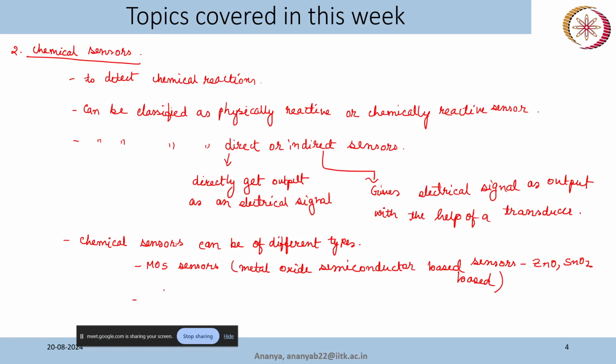Another type of chemical sensor is the FET type sensor, field effect transistor type sensor. You know what a field effect transistor is. We are all familiar with MOSFET.